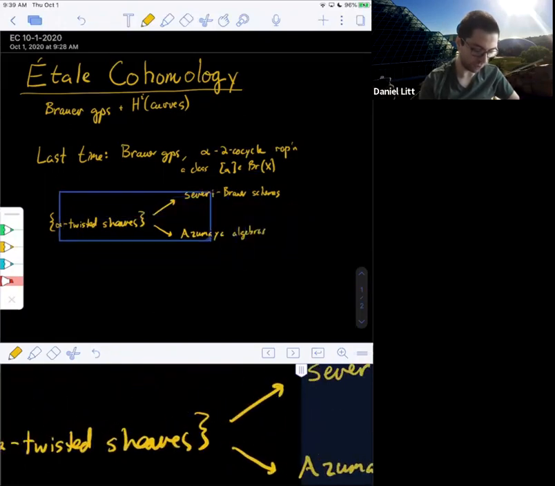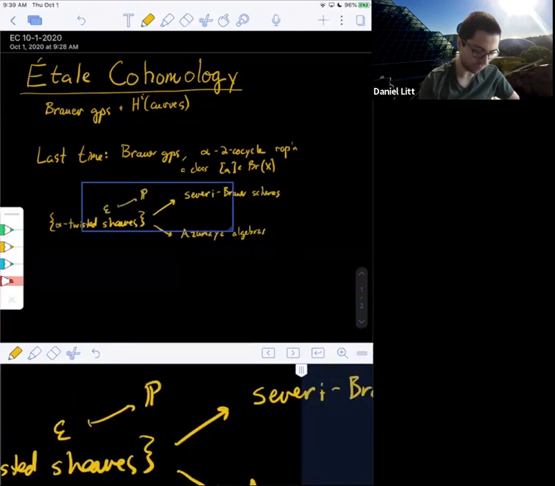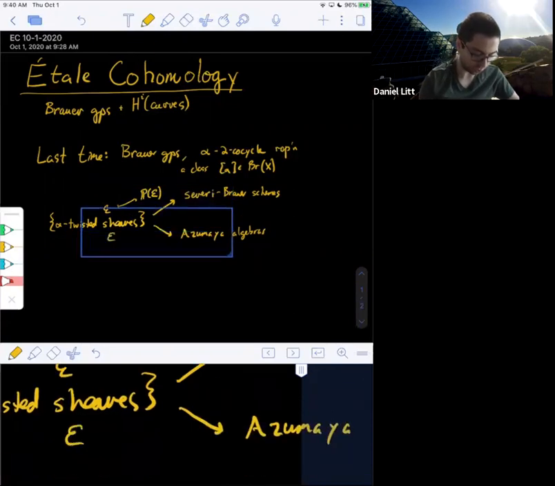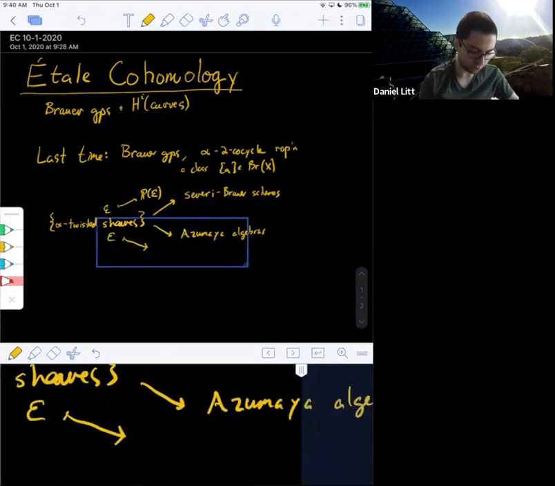Here we went from E to the projectivization of E, which is at least descent data for a scheme because projectivizing gets rid of the failure of the cocycle condition. And in fact, I argued, at least verbally, that that descent data is effective.